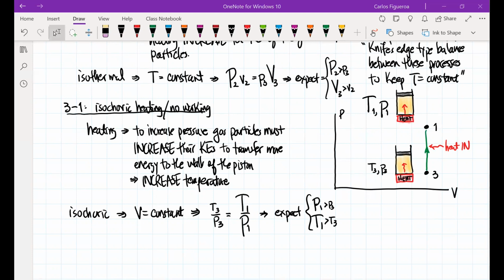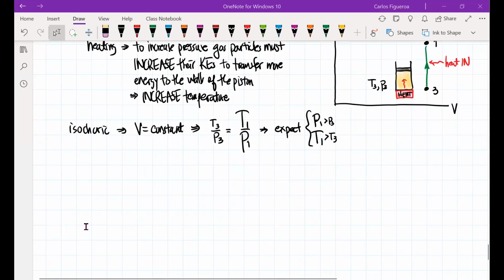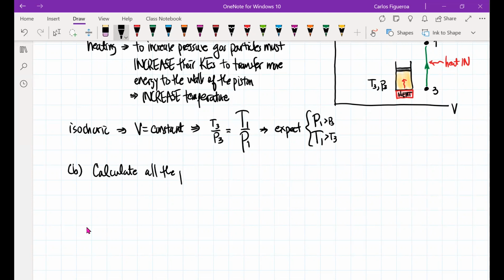So what I want to do now is go on to B. So if I go to part B, now that we understand what's going on, we want to calculate all the pressures, volumes, and temperatures for this thermal cycle.